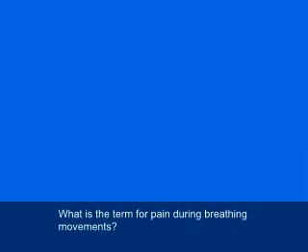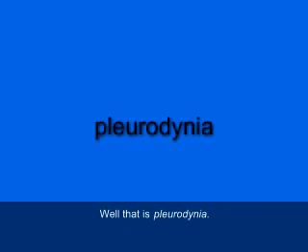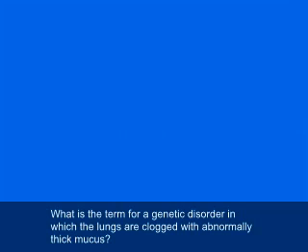And what is the term for pain during breathing movements? Well, that's pleurodynia. Pleurodynia. And what is the term for a genetic disorder in which the lungs are clogged with abnormally thick mucus?